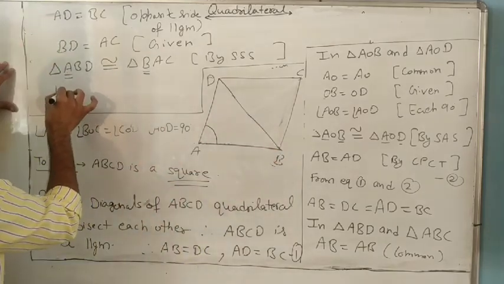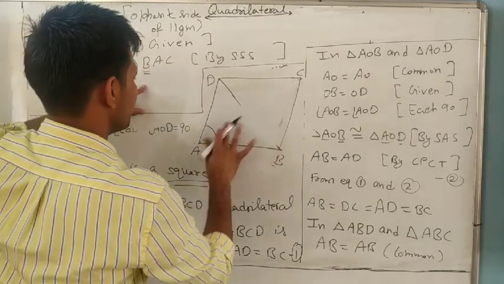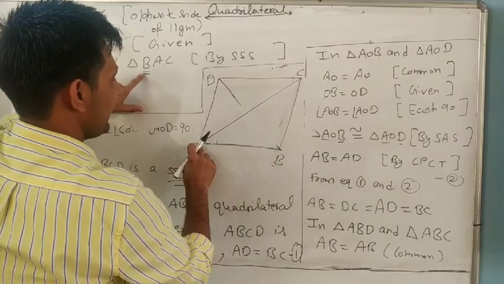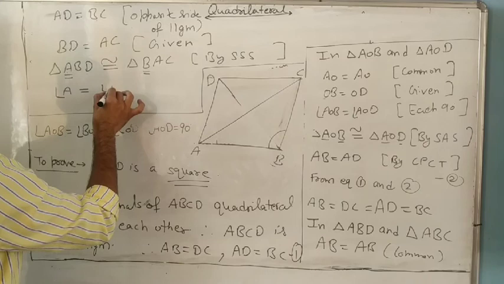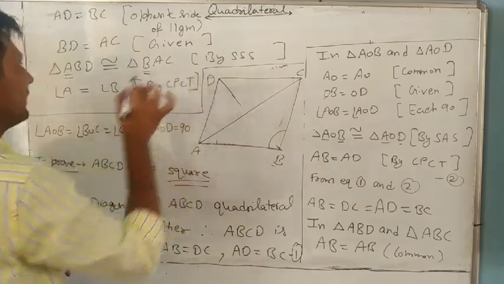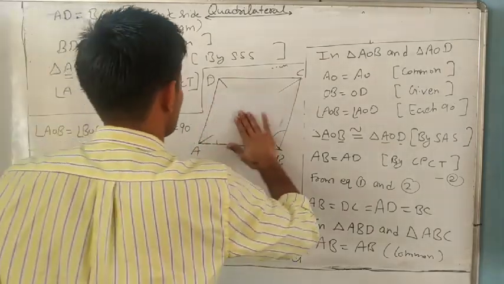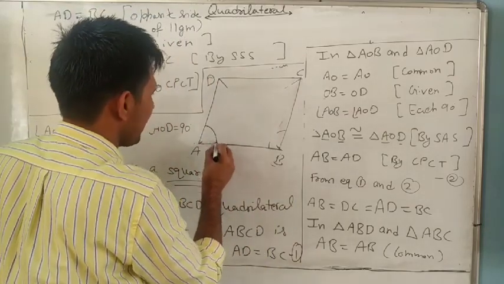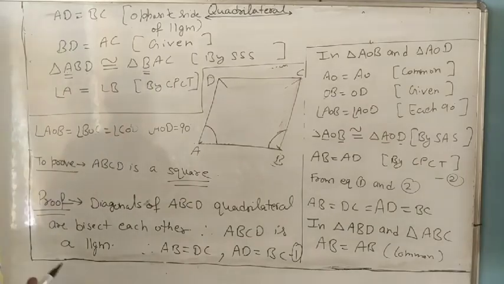So angle A equals angle B by CPCT. Understand? These are equal, but we know angle A plus angle B is how much? 180. So you can write.